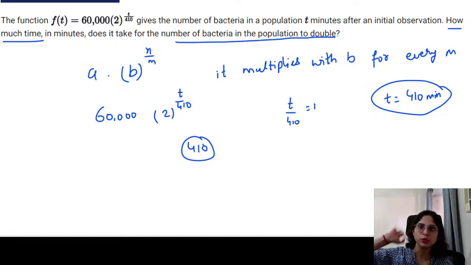That means t has to be equal to 410. Because it has to be 2 to the power 1, right? So directly we can say the answer is going to be 410 by just looking at the equation. And the concept also is pretty simple, because it has to be 2 to the power 1. That means t over 410 has to be 1. This entire thing has to be equal to 1.